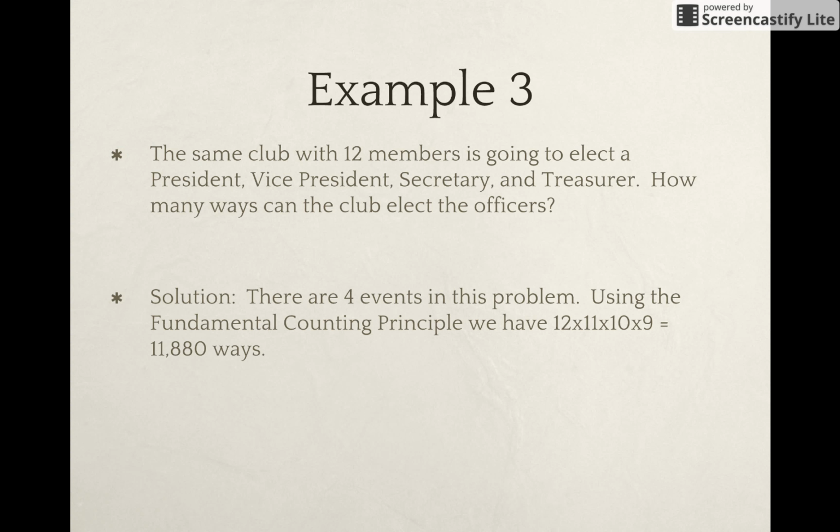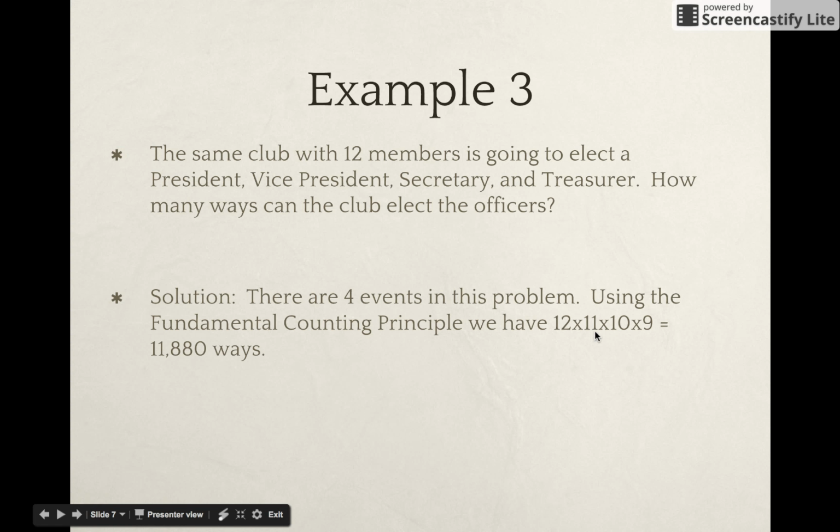For the president, there are 12 options. Now, generally, and we should be very upfront about our assumptions, we're going to assume that the president's not going to be the vice president. So when we go to consider how many selections we have for our vice president, we are reducing that to 11 instead of 12 because somebody's been elected the president.